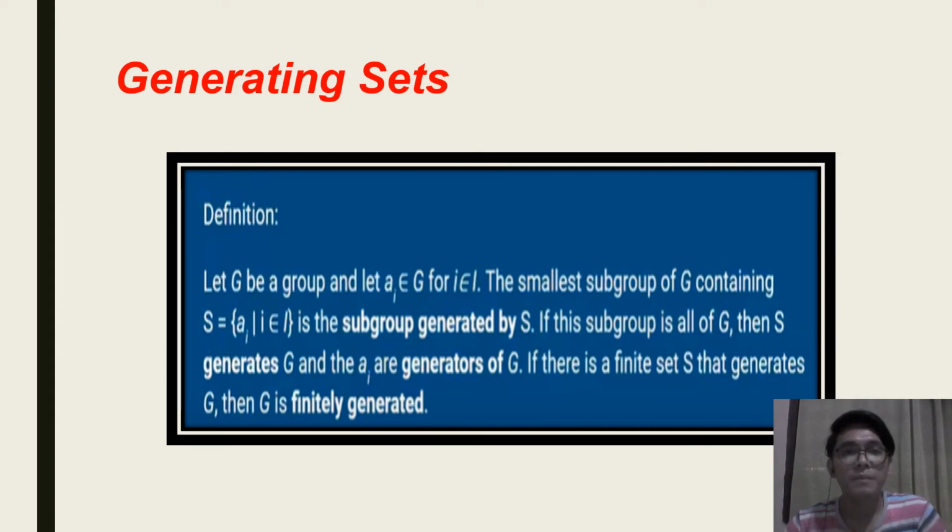So in basic terms, if we have a group G and a subset S of it, we may say that S generates G and that S is the generators for G if every element of G can be expressed as a product of elements of S and their inverses.